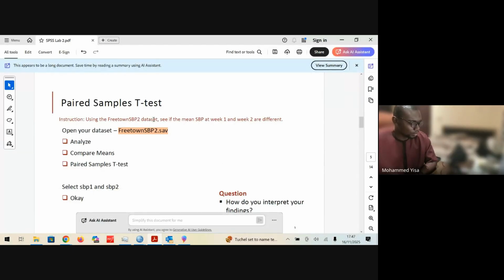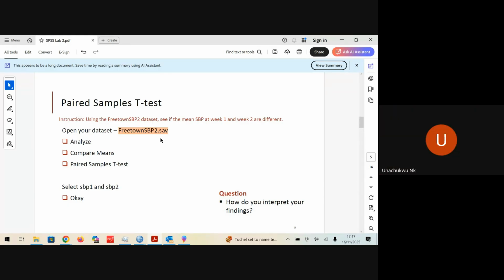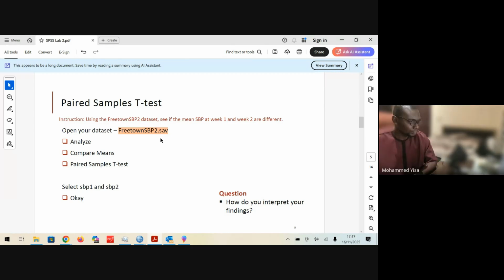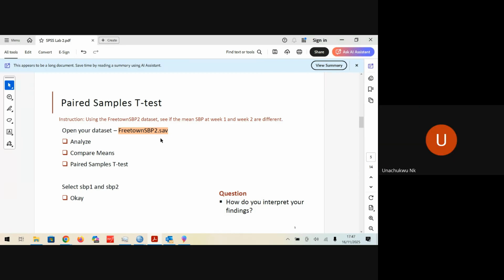You just need to double click because SAV is already in SPSS format. So when you double click, it will open inside SPSS automatically. Oh, okay. I should just double click the file. Or you can go to open. Okay, it has opened.